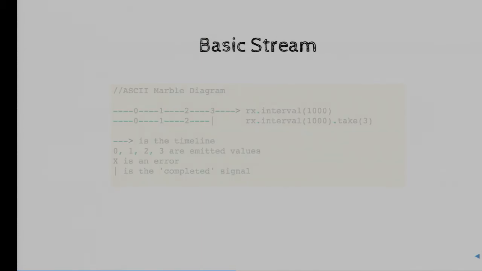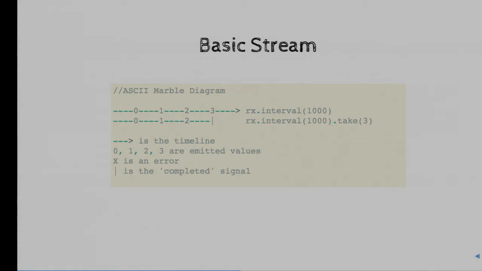So let's see how a basic stream could be expressed. We have what is called the ASCII marble diagram, and that's a way to express what we're expecting from our observable. In this case, we can see the timeline on the first one. The first one is Rx.interval, and that's using milliseconds.